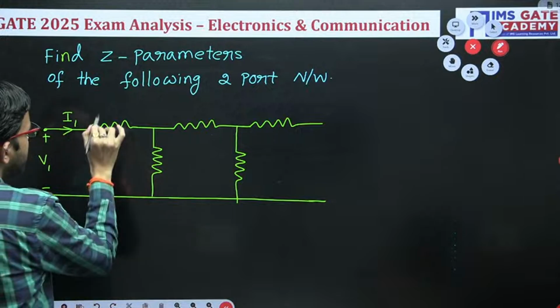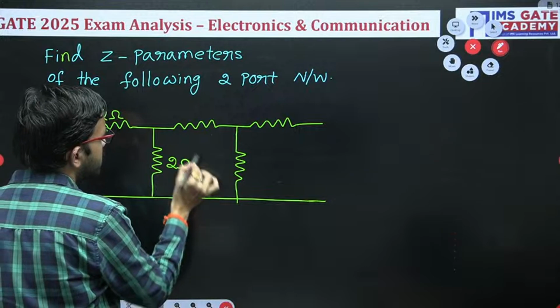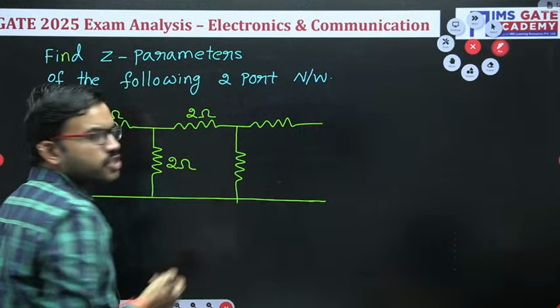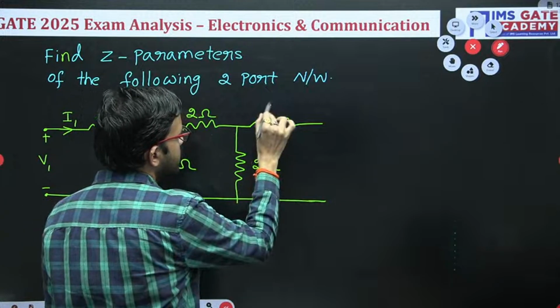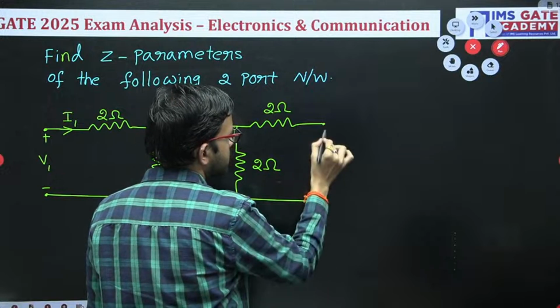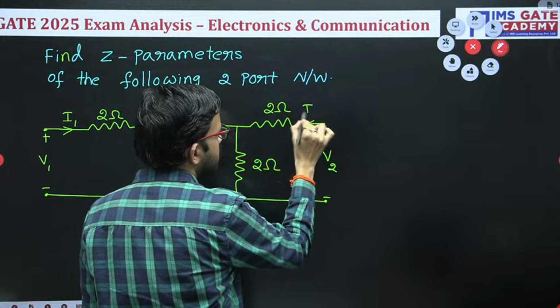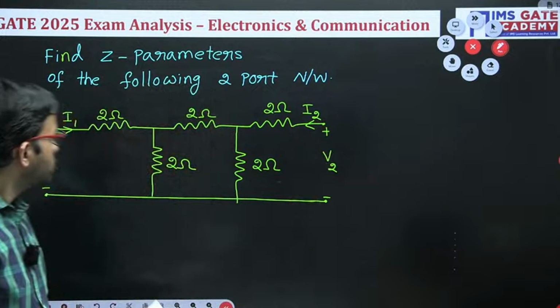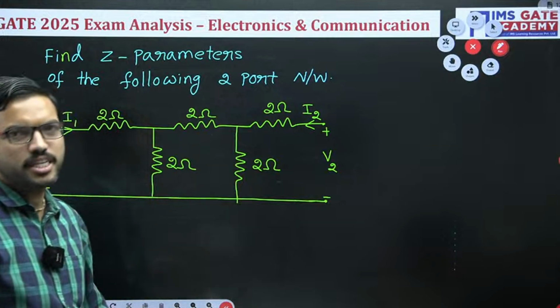In this particular network, they have given all the resistors as 2 ohm each. This is a simple question, and I hope many of you might have solved it correctly. This is a two-port network, and for it you are supposed to calculate the Z parameters.